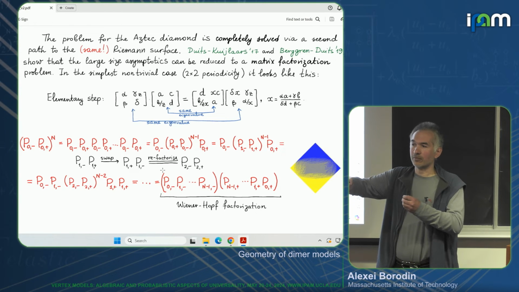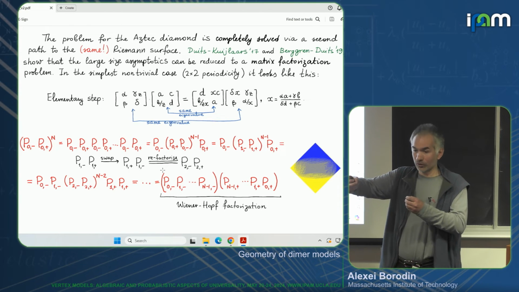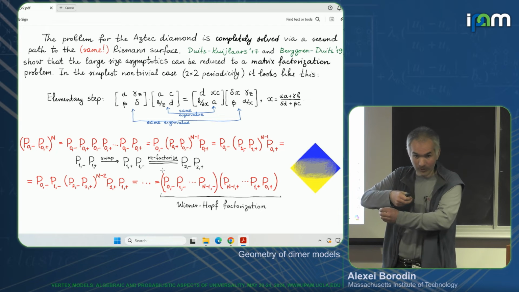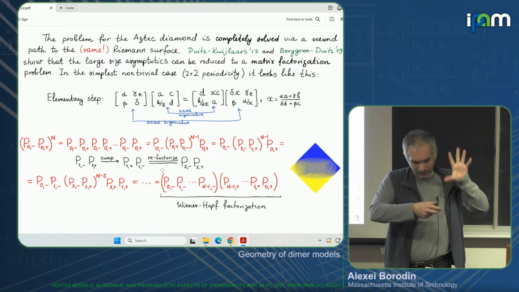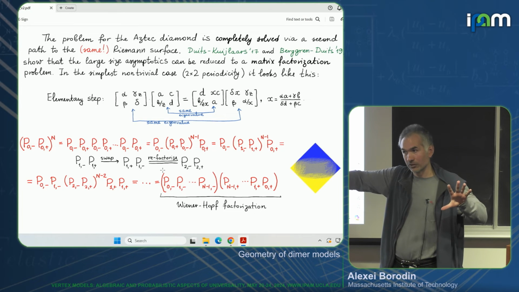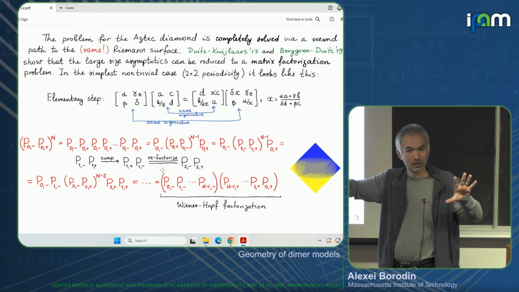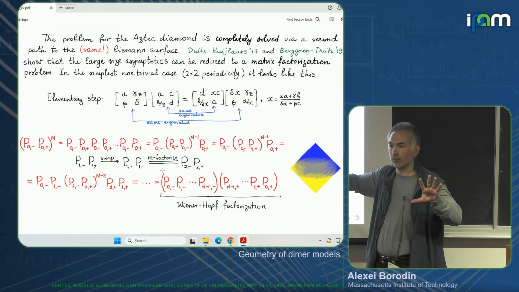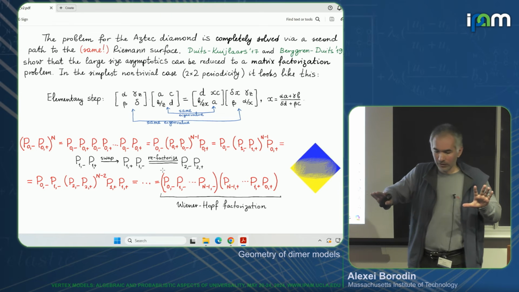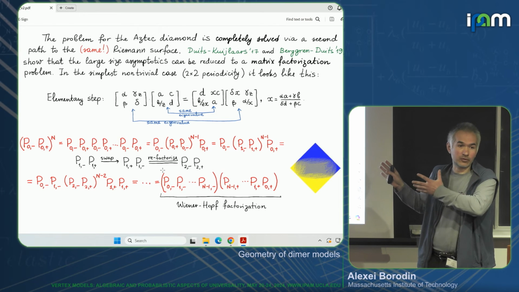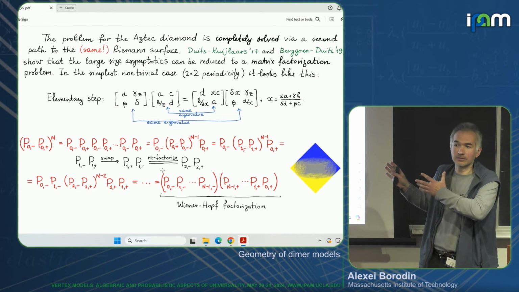And in order to invert the matrix, what one needs to do is to permute the factors in such a way that your left factor will have all zeros inside the circle, and on the right you'll have all zeros outside the circle. So this is an instance of the Wiener-Hopf factorization, of solving a Riemann-Hilbert problem, that solves the problem of inverting the Kasteleyn matrix for the Aztec diamond.